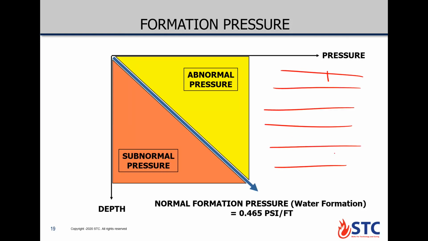If you calculate your formation pressure at this point and divide your formation pressure by the TVD, and the final result is 0.465, it will be normal formation pressure. If you find it is larger than this number, it will be abnormal formation pressure. If it is below, it will be subnormal formation pressure. These calculations have been done for water in the formation.